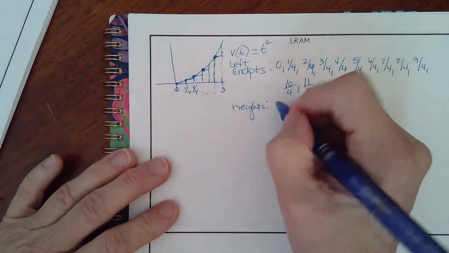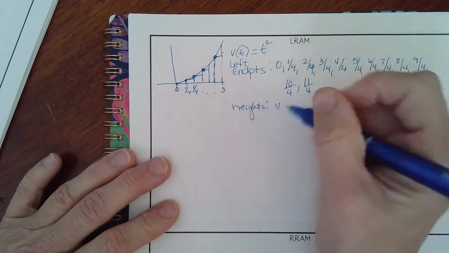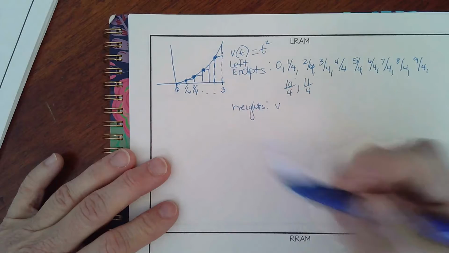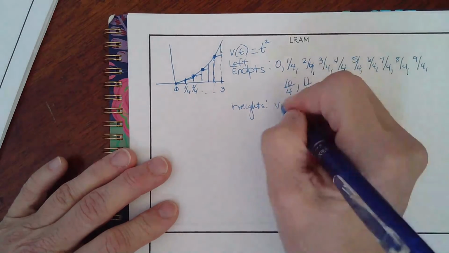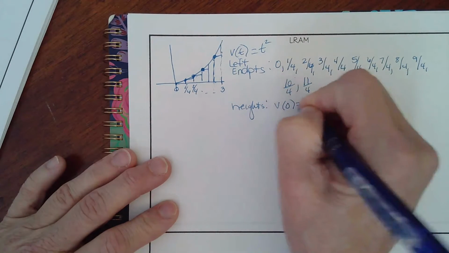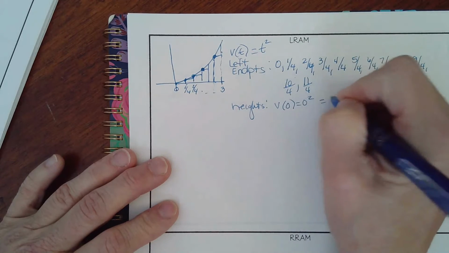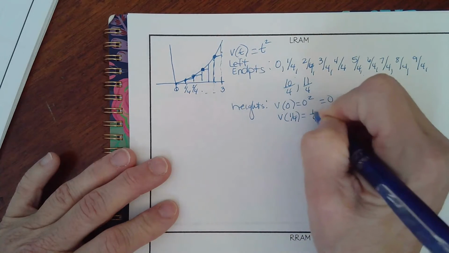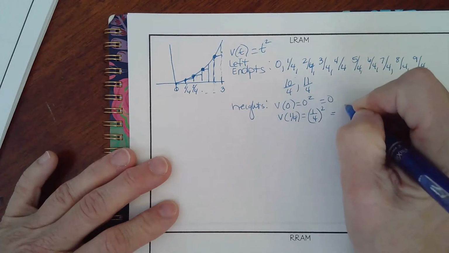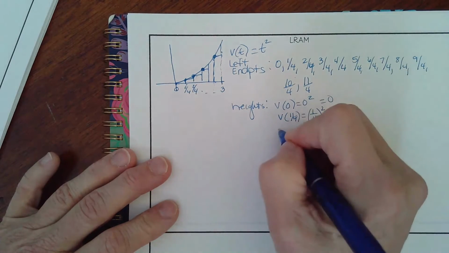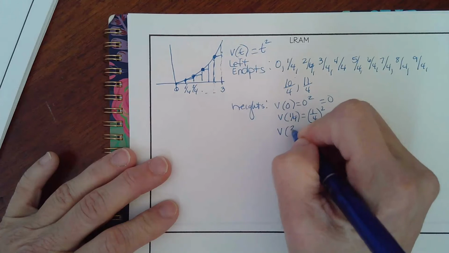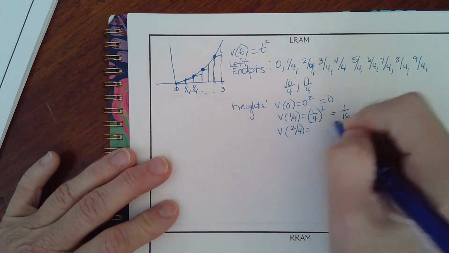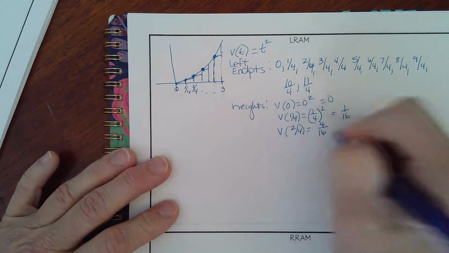So we do that by evaluating the velocity function at each of these endpoints. So V of 0 will be 0 squared. V of 1/4 will be 1/4 squared, which is 1/16. V of 2/4 will be 4/16.